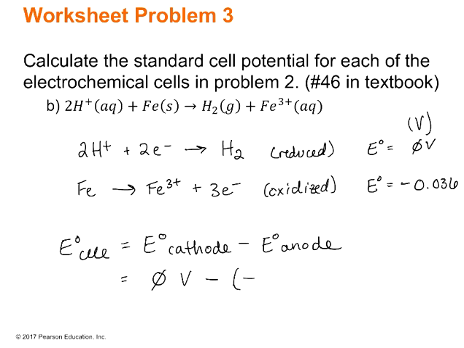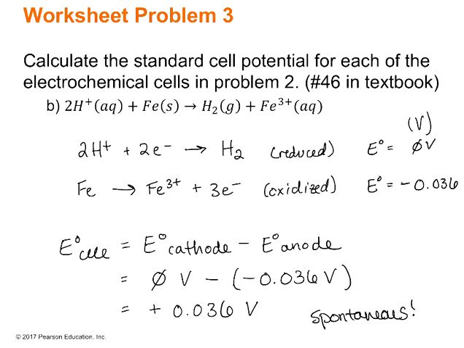And then we're going to subtract negative 0.036 volts. So that will just give us positive 0.036 volts. All right, so is this spontaneous or non-spontaneous? So this is spontaneous. So we did write that in the correct way.